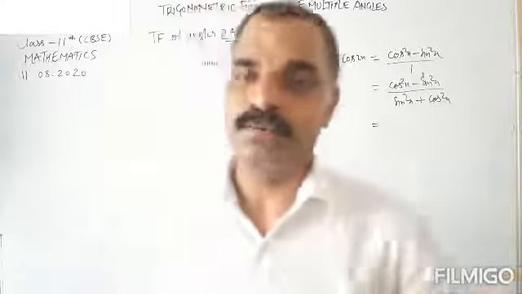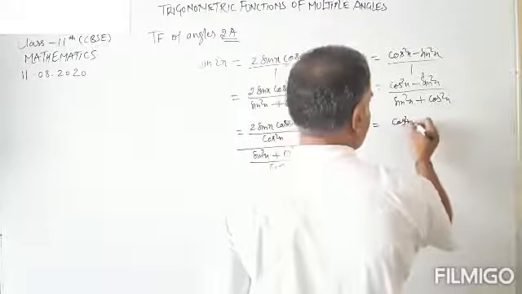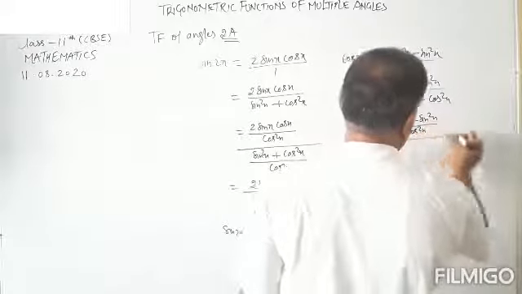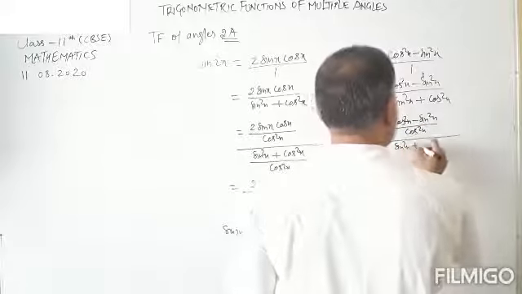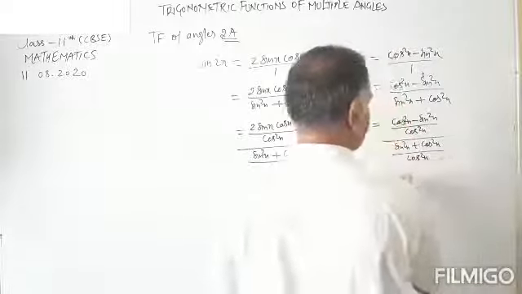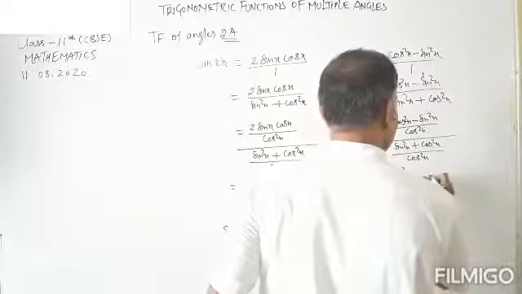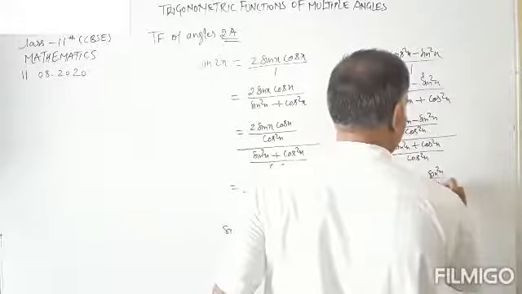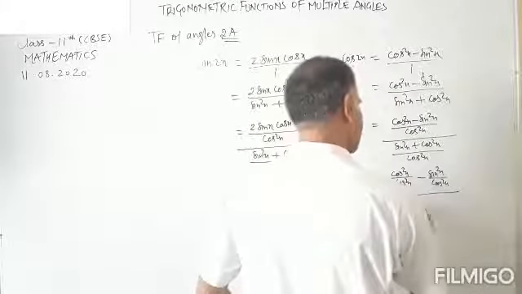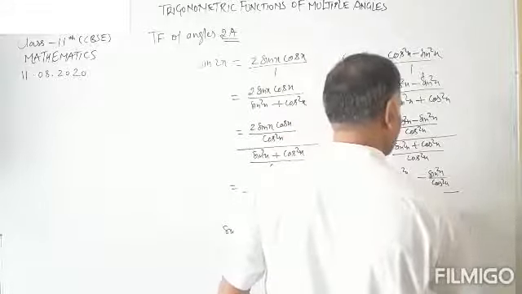Now dividing numerator and denominator both by cos square x, we will have cos square x minus sin square x upon cos square x, divided by sin square x plus cos square x divided by cos square x. So this is equal to cos square x upon cos square x minus sin square x upon cos square x in the numerator, and in the denominator sin square x upon cos square x plus cos square x upon cos square x.